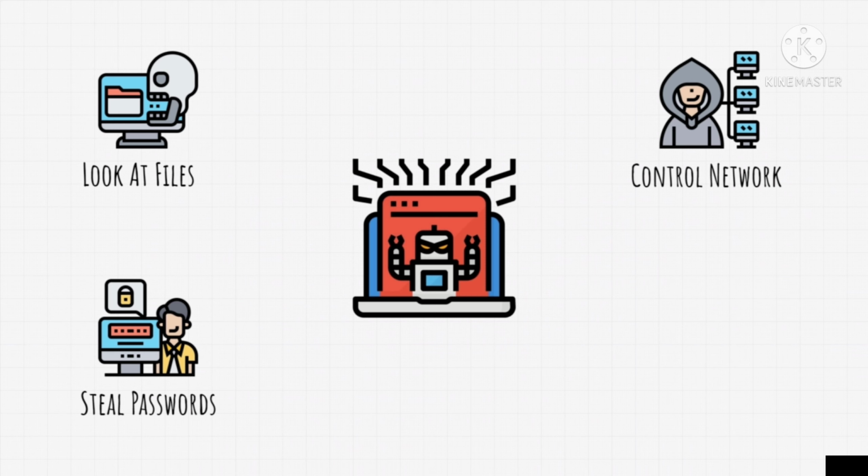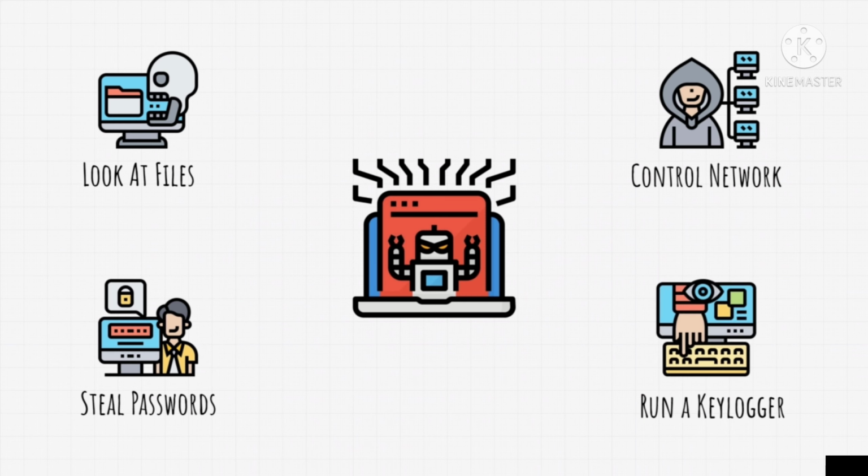Maybe we would also want to run a keylogger on the machine we got access to. Now, a keylogger is a program that captures every keyboard input from that machine. So with this, not only could we capture some passwords that the user of that machine would input in some secured website or software, but we would also be able to see everything else that he or she typed.